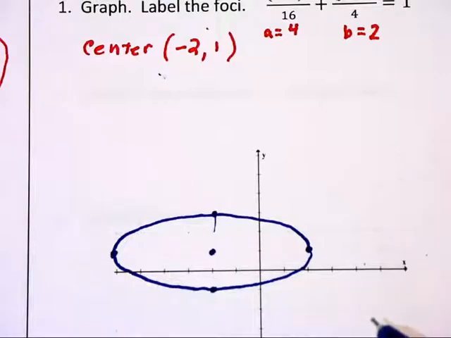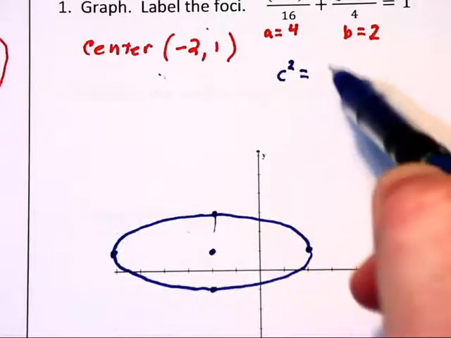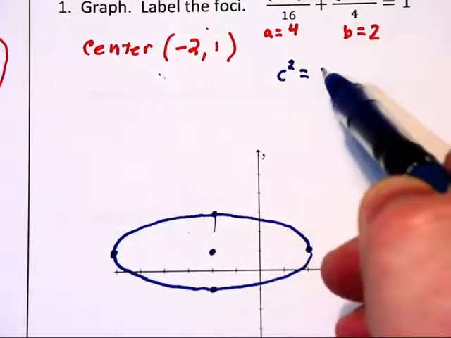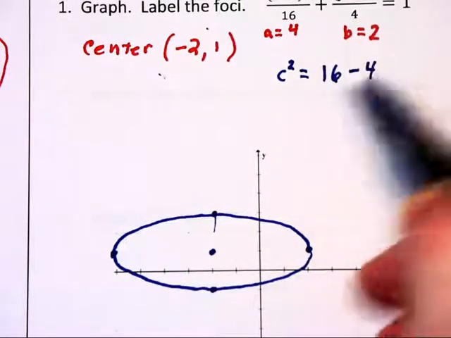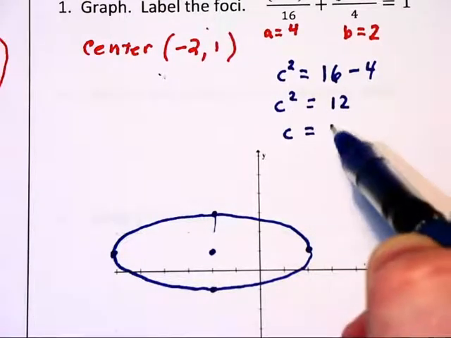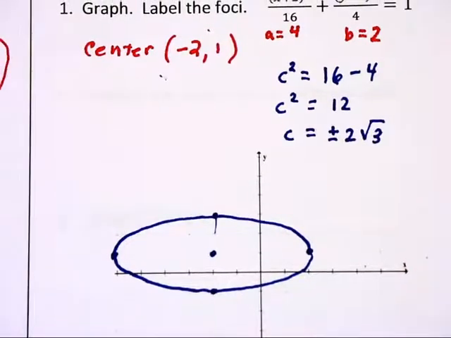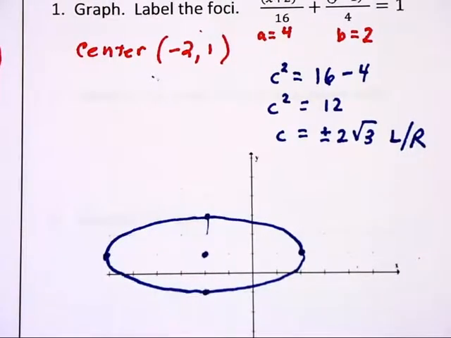Now, if we wanted to identify where the foci are, we would use little c squared equals the difference of the denominators, 16 minus 4. So c squared will equal 12, and c is equal to plus or minus 2 root 3 when you square root both sides. Now, the foci are always on the major axis, and this major axis is horizontal, so we are going to be moving that 2 root 3 left and right of center when we identify the foci.